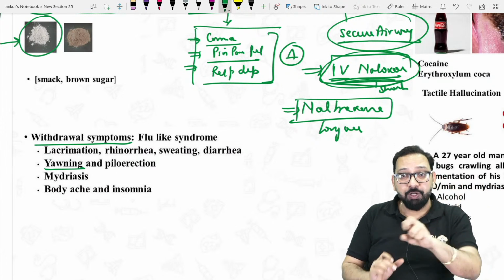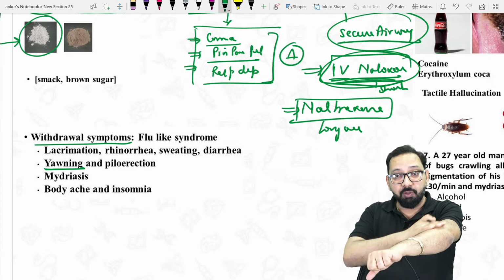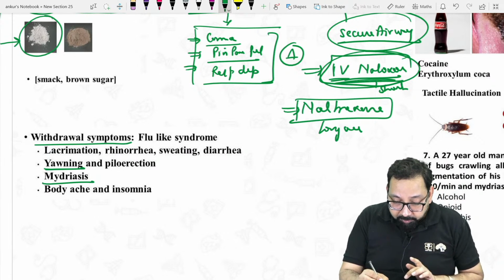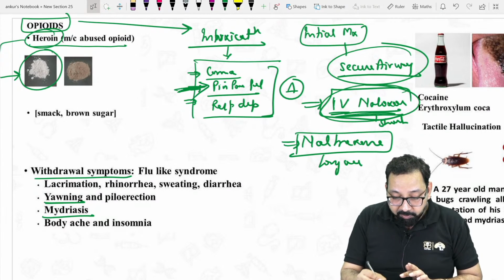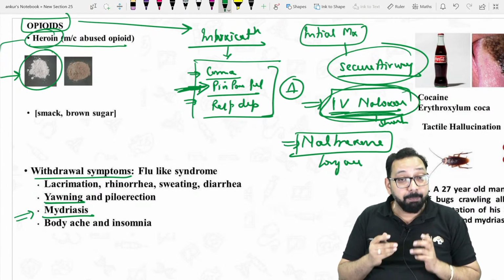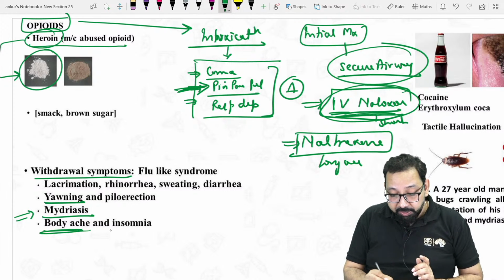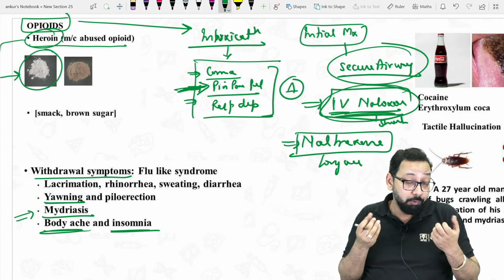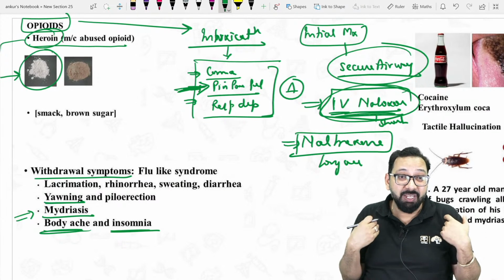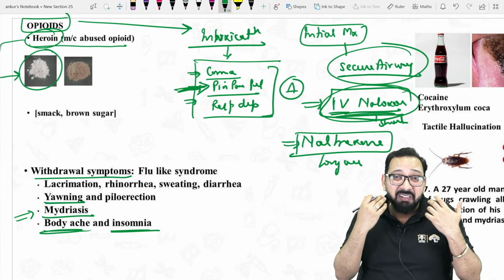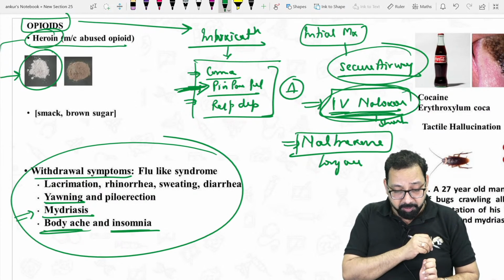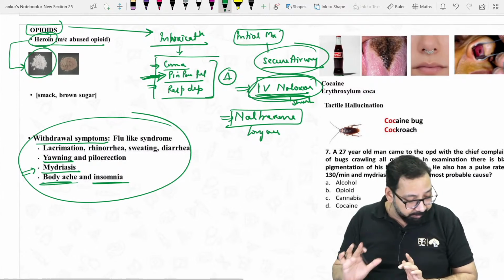Piloerection means straightening of hair, goosebumps. Mydriasis. In this toxicity, pinpoint pupil was there; in withdrawal, mydriasis would be there. Body ache, insomnia. In flu illness, there is body ache, lacrimation, rhinorrhea, that is why it's called flu-like symptoms.